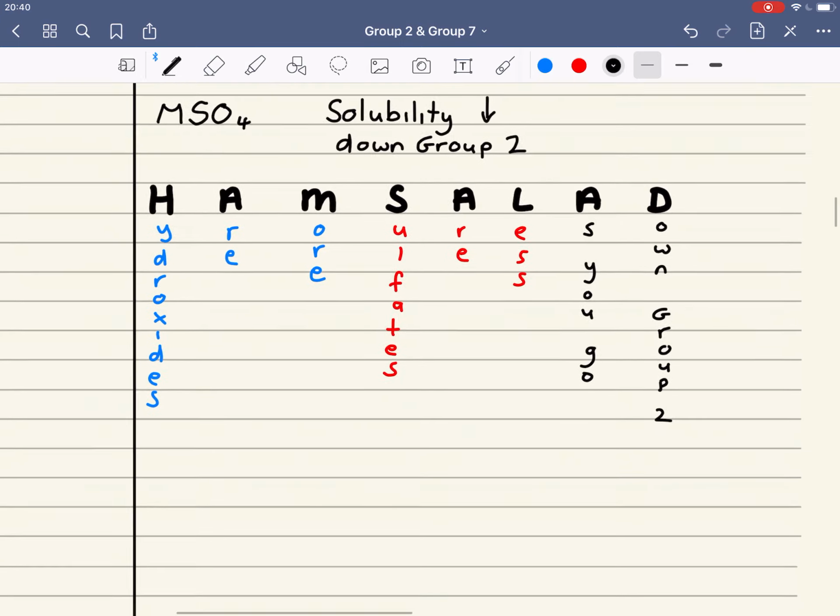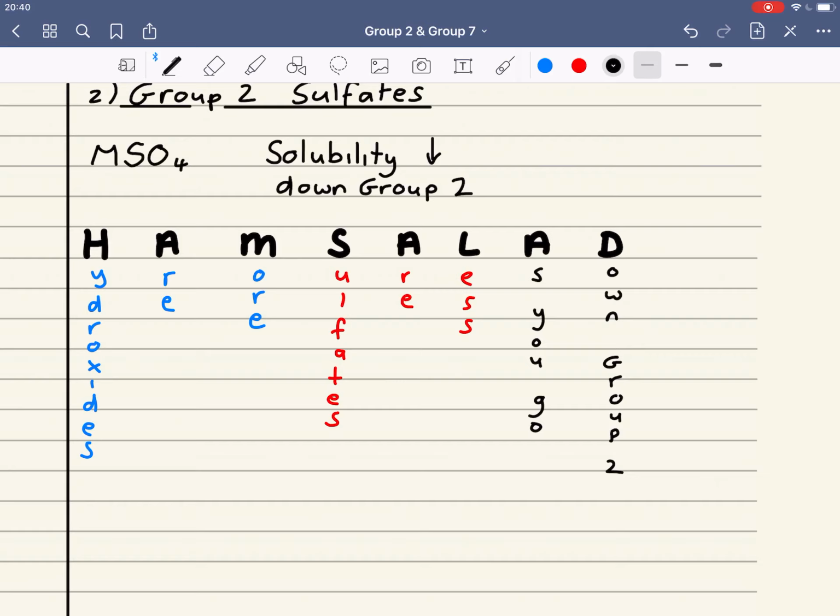So that's a mnemonic that you may find useful. Hydroxides are more, sulfates are less as you go down group 2.